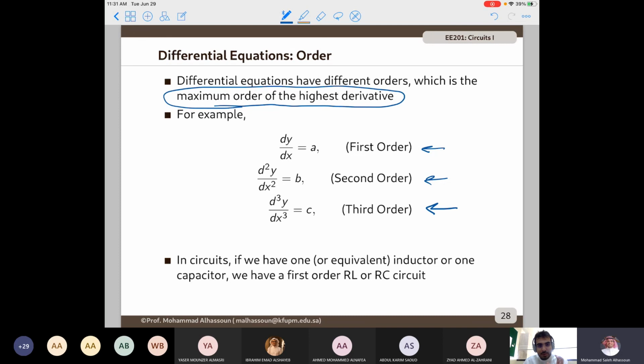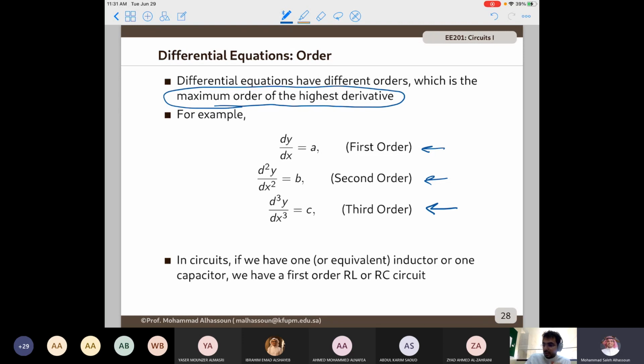So in this chapter, we're going to study first order circuits, meaning a circuit that has a resistor and a capacitor or resistor and inductor. In the following chapter, chapter 8, we're going to study second order circuits, a circuit that has a resistor, capacitor, and inductor.